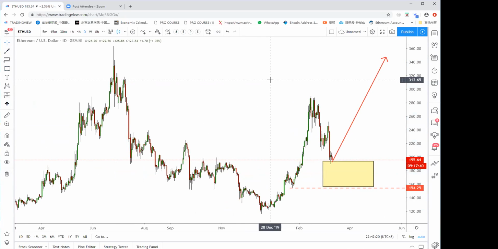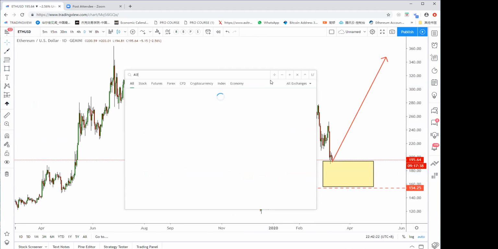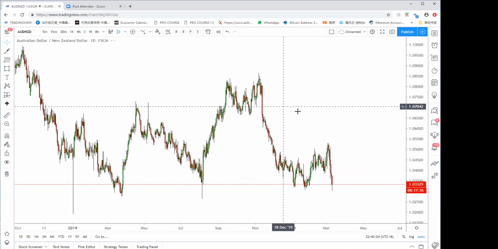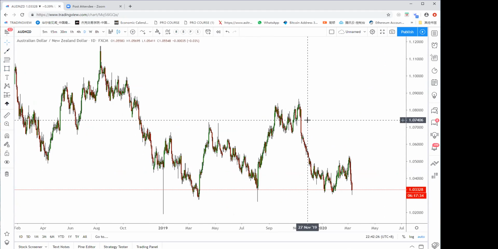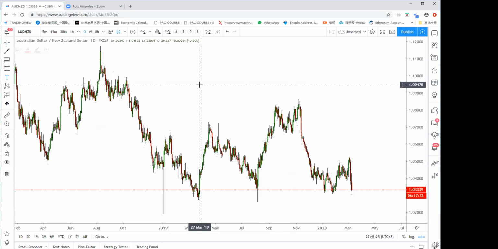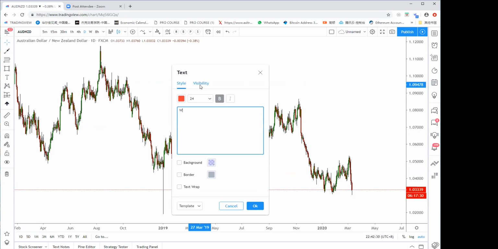How about Aussie Kiwi? I won't suggest you trade Aussie Kiwi right now. Don't trade Aussie Kiwi, because there's a rule. When DXY is in a trending session, do not trade cross pairs.